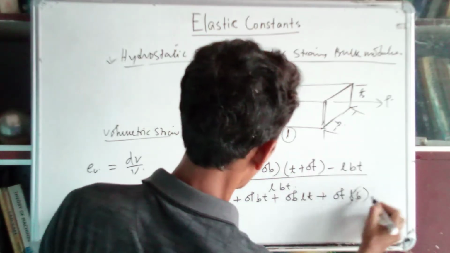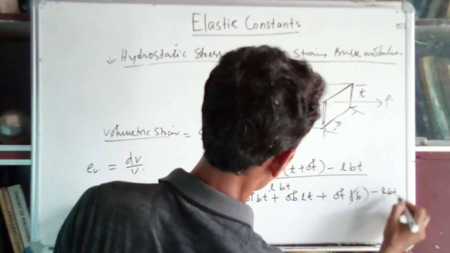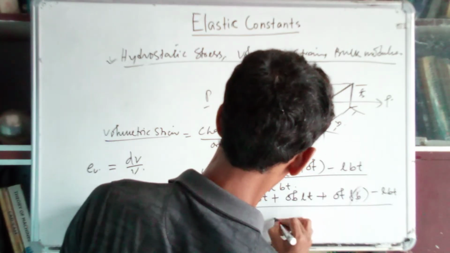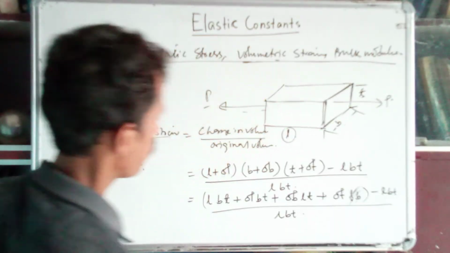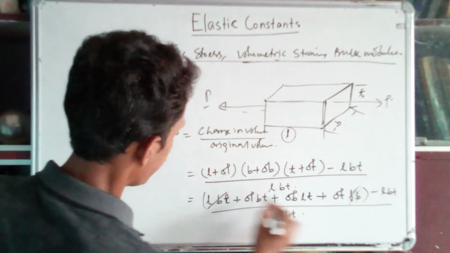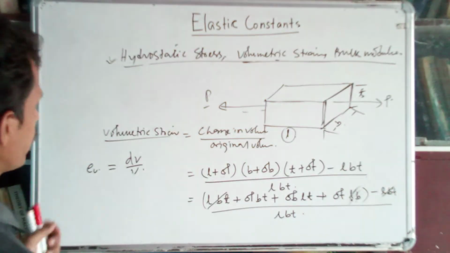So that minus L B T divided by L B T. Now this L B T and that L B T will be cancelled.